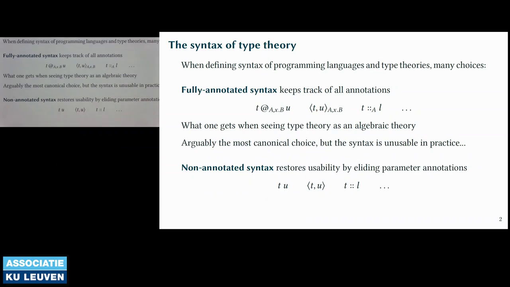So what we use in practice are non-annotated syntaxes, but of course there are many levels of which annotations you can omit. Here I'm omitting the parameter annotation, so we write application and dependent pair the way that we're more used to. And this is a syntax that is so common that we don't even sometimes realize that an omission is being made, but it is.